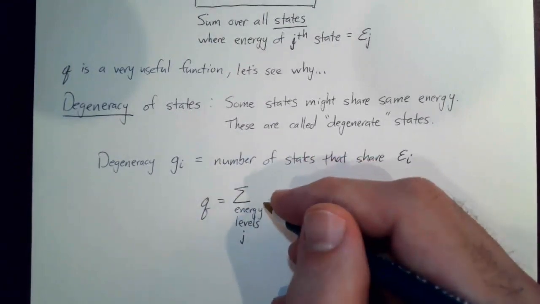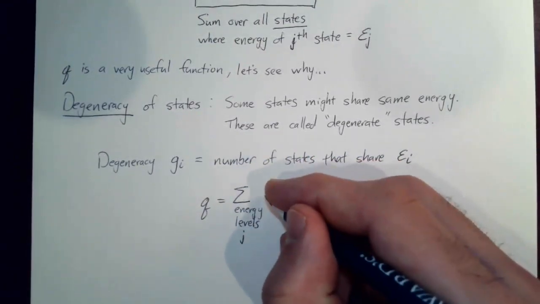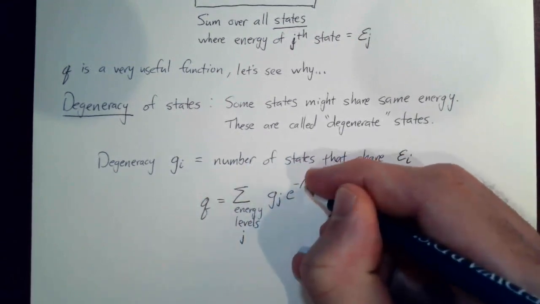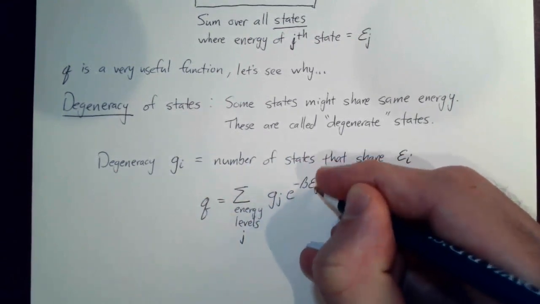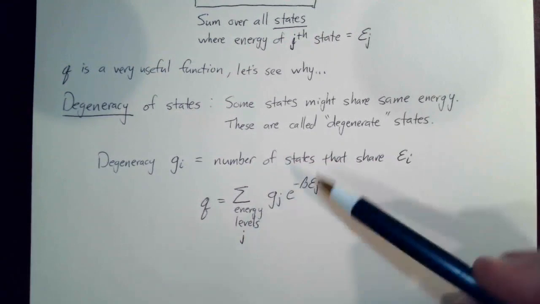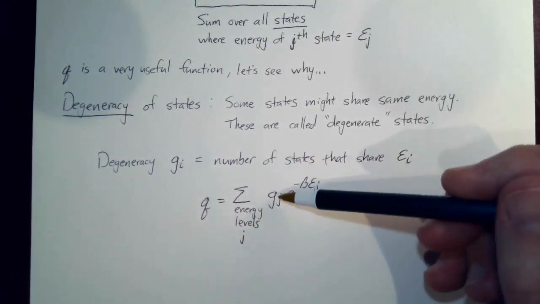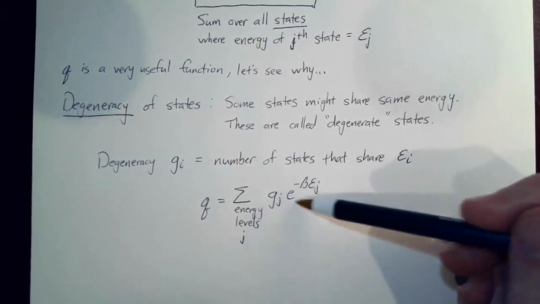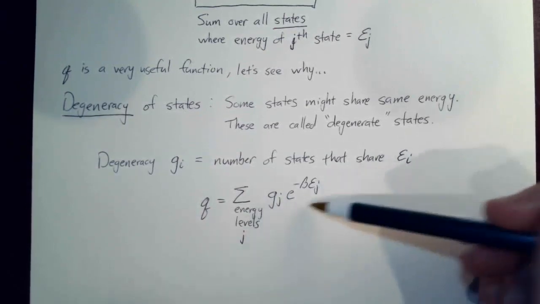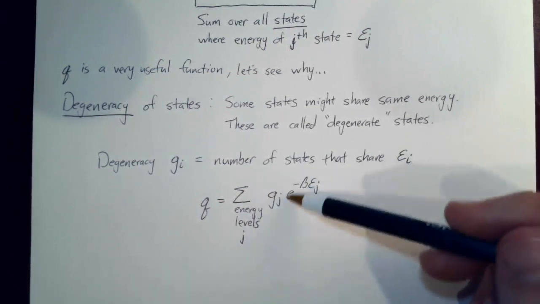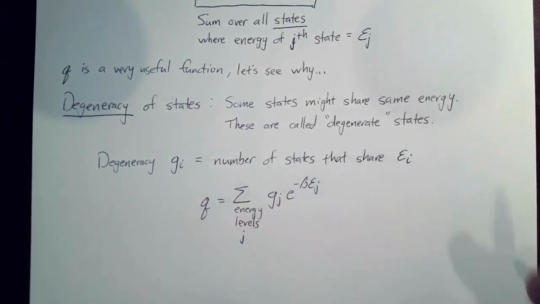So it's the sum over all energy levels of the degeneracy times e to the minus beta epsilon. This is a multiplicative factor saying that if there's one state at this energy level, this contributes one time. If there's two states at that energy level, then we get two of these contributing to the partition function.